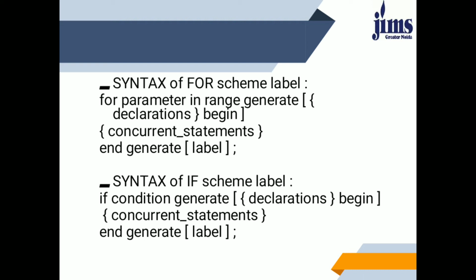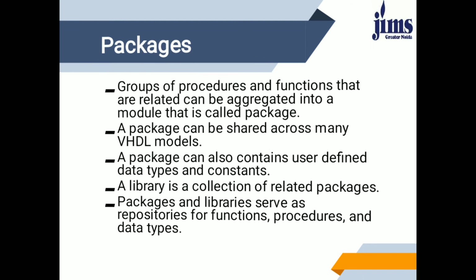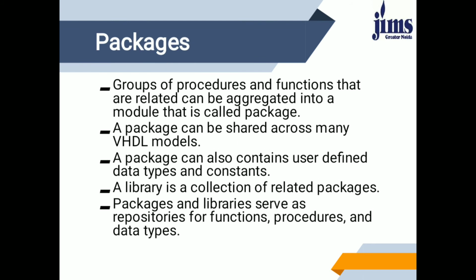It needs a label, then we define if with a condition, generate, then the concurrent statements are specified, then we will end this generate with its label. So in this way we can define the generate.